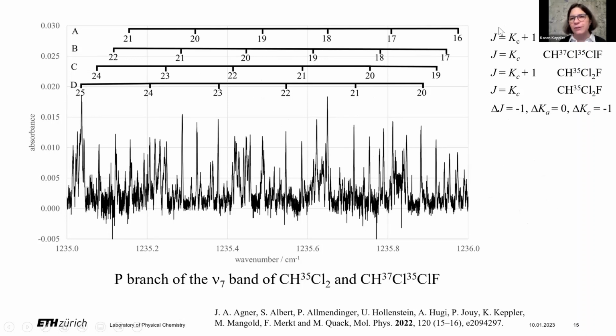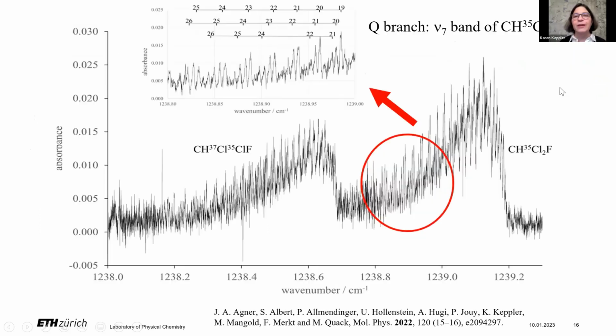And I would point out here that some of the assignments, of course, in the higher temperature regions were performed with the help of the older spectra that we had. If you look here on the 2 upper traces, you see components of the P branch from the singly substituted isotopologue. And if you look here at the lower 2 traces, you see the main isotopologue.